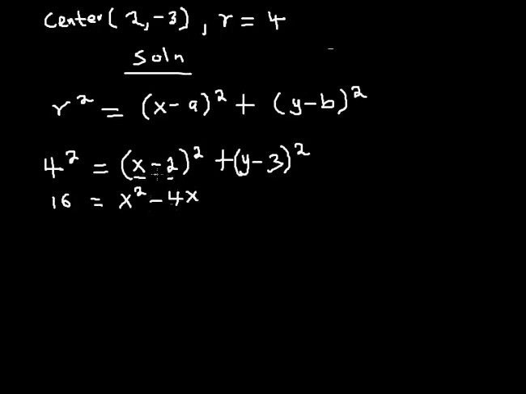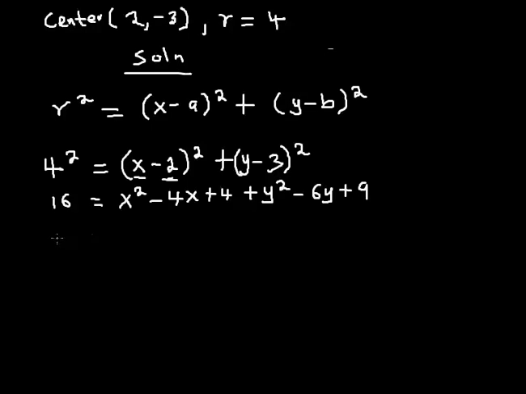Finally I square the second element, minus 2 squared, that gives me plus 4. The same thing goes for y: square y first, y squared, use 2 to multiply y and minus 3. 2 times y is 2y, 2y times minus 3 gives me minus 6y. Then I square minus 3, I'm going to have 9.